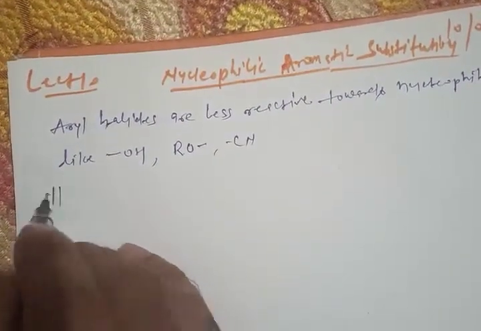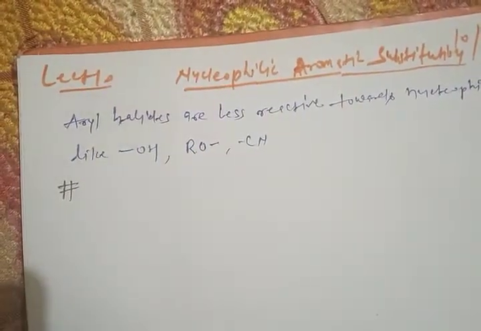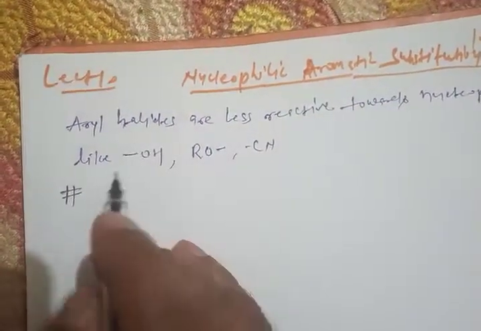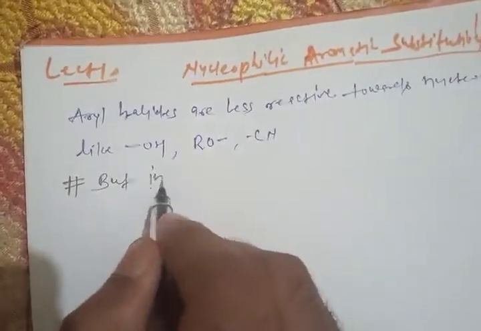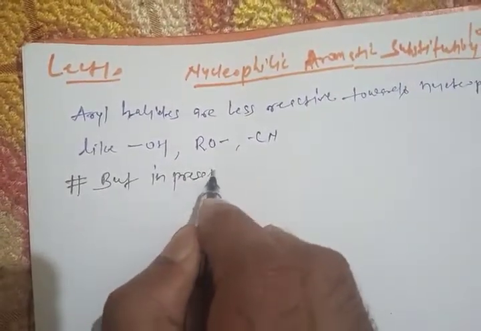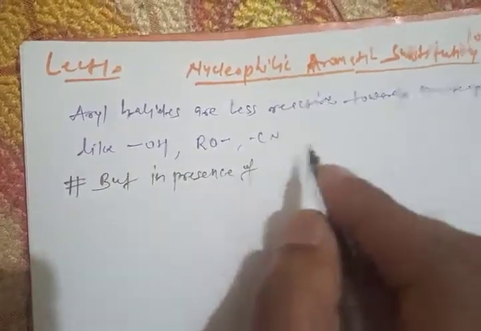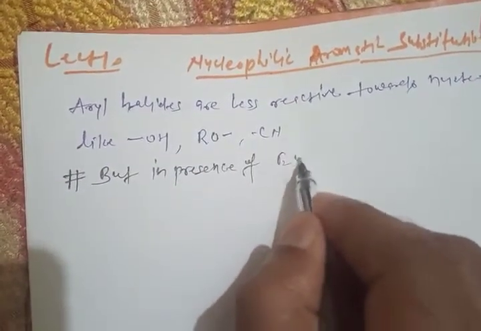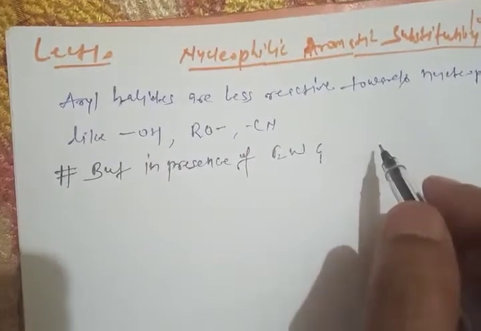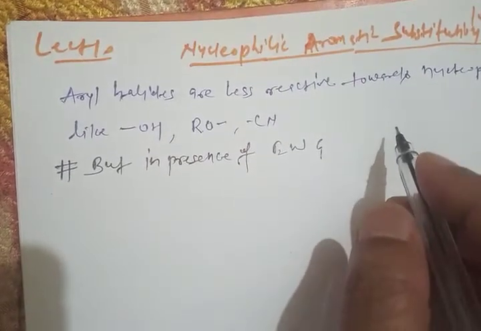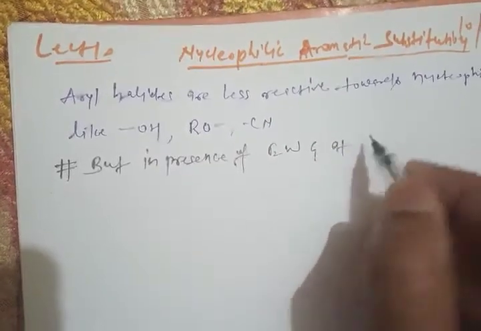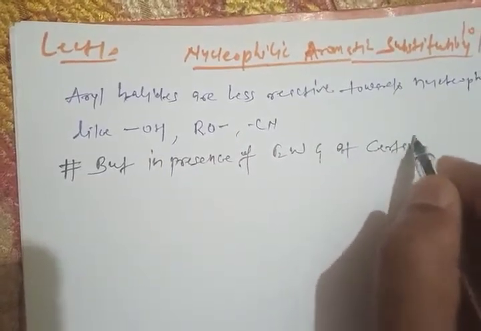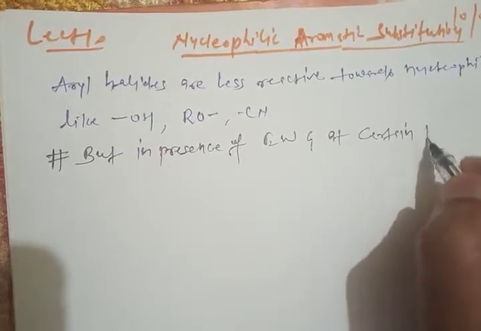in the presence of an electron withdrawing group at a certain position, that is very important, and that position is what? Ortho and para.